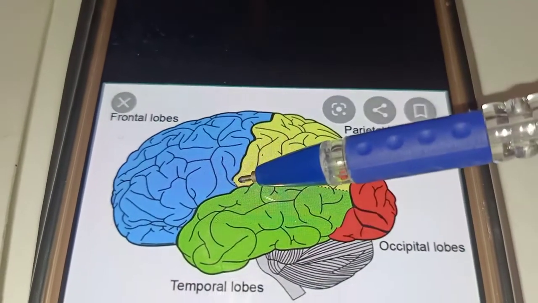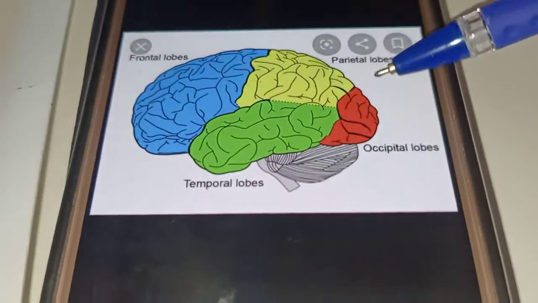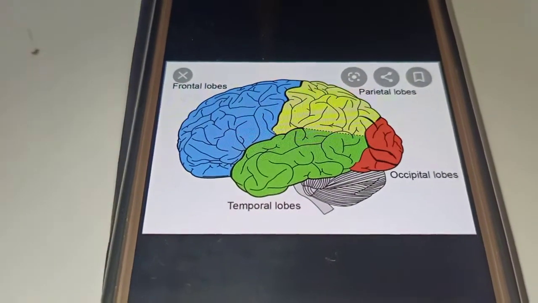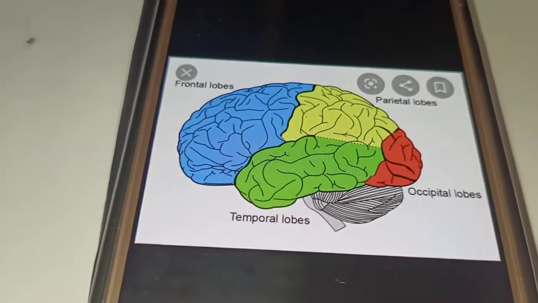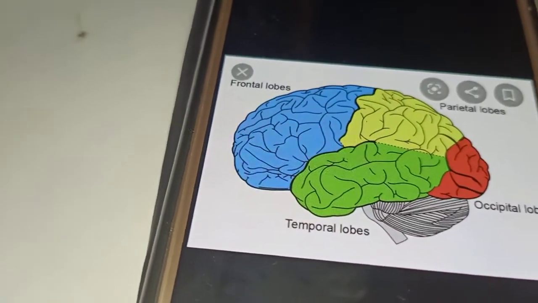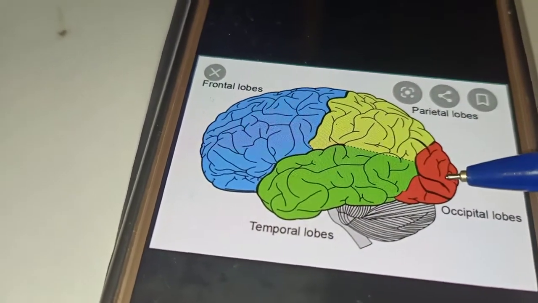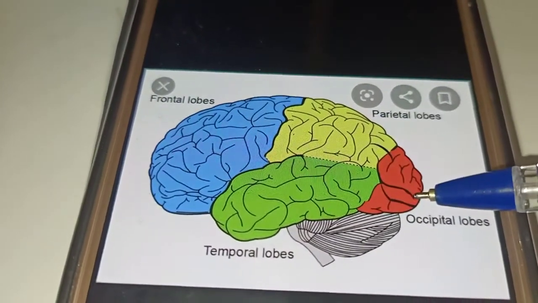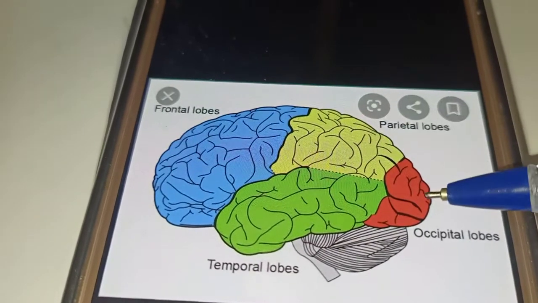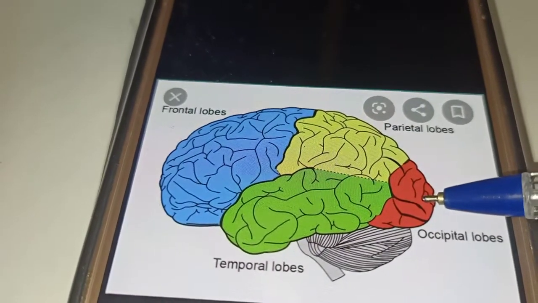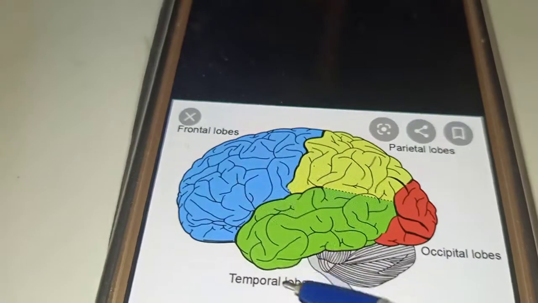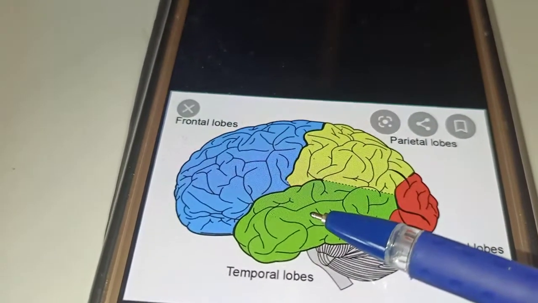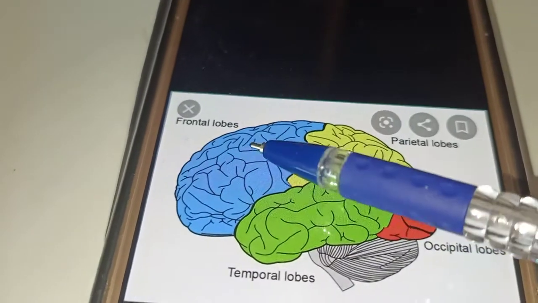We'll talk about the parieto-occipital sulcus. As the name suggests, it will divide the parietal lobe from the occipital lobe. And the lateral sulcus will divide the temporal lobe from the parietal and the frontal.